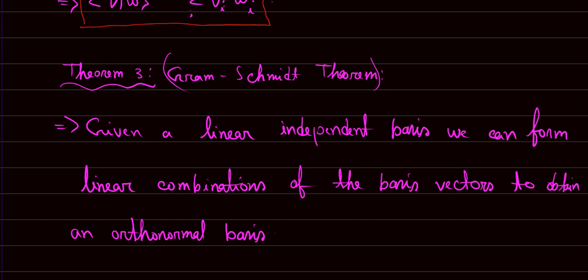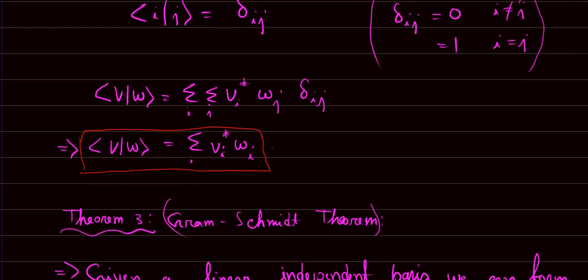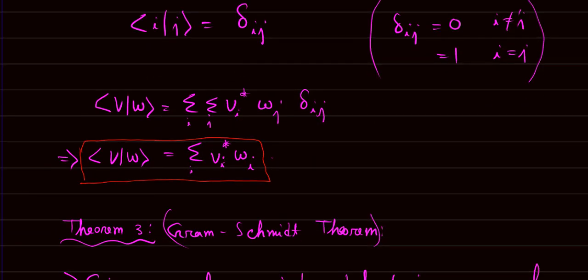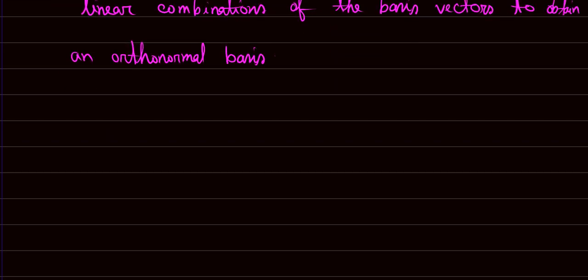So if we have an independent basis, we can always form an orthonormal basis by taking linear combinations of the basis vectors. We have used this idea to assume that our bases are orthonormal bases. So this is the desired form of our inner product formula.